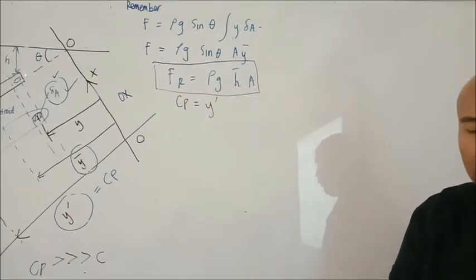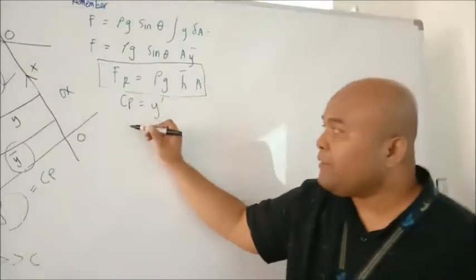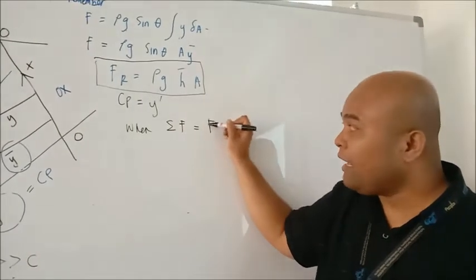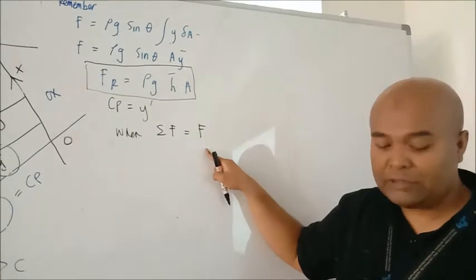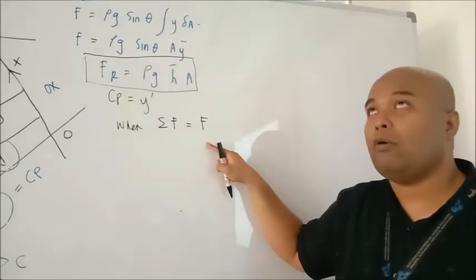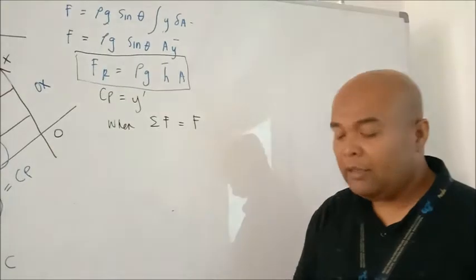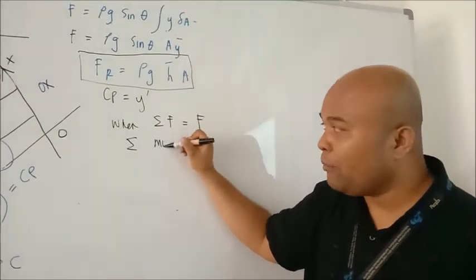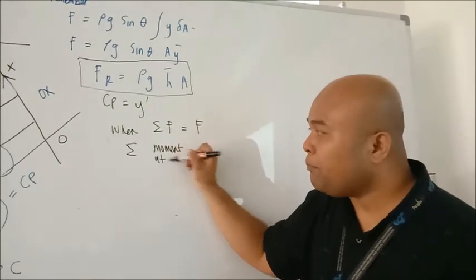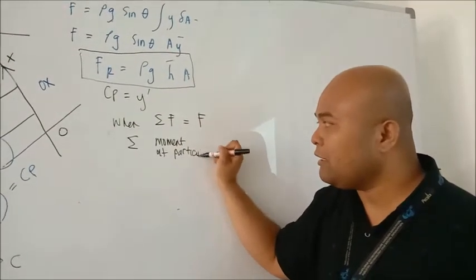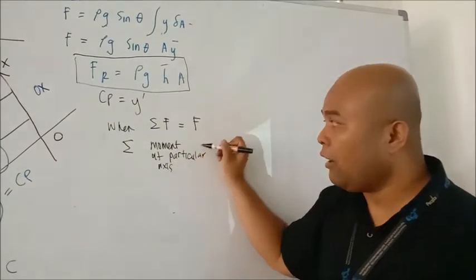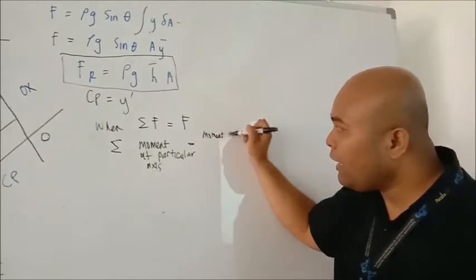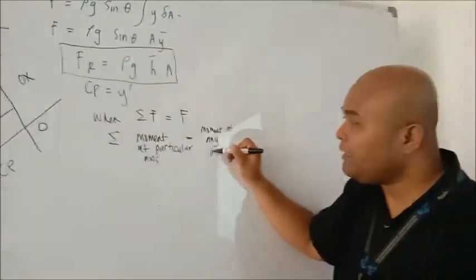Okay, to start, we need to understand that when summation of F sama dengan F, which is our resultant hydrostatic force, for or at all element, it also will be similar for the summation of moment at particular axis, will always equal with the moment at any axis.